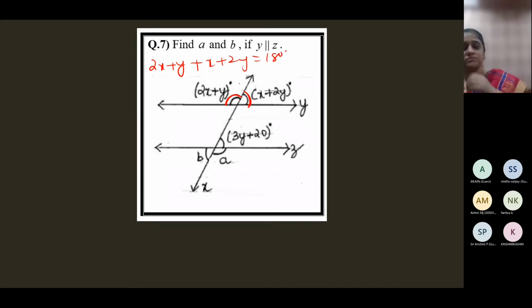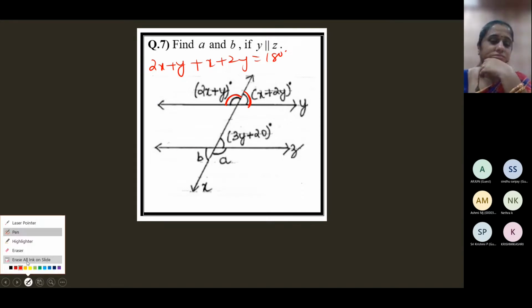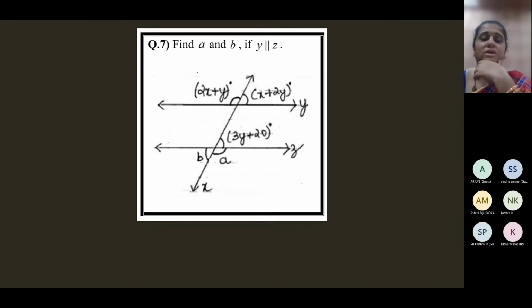That is one equation. What's the other equation? Is there any relation between this angle and this angle? Ma'am, alternate interior angles, ma'am. Oh, this is an exterior angle.